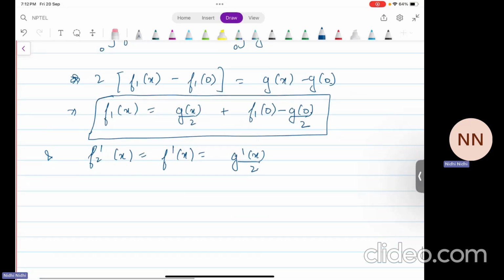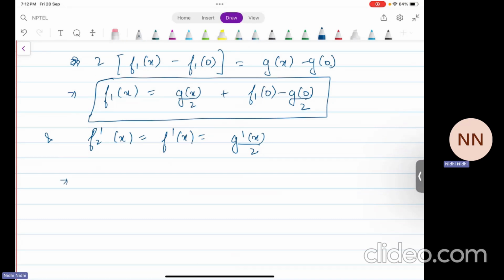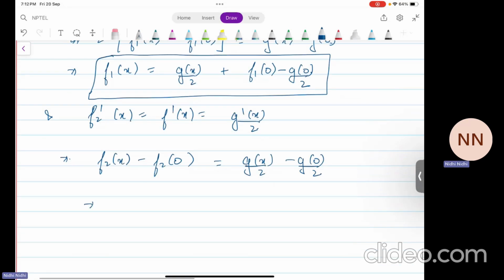Now again integrating from 0 to x, we will get f2 x minus f2 at 0 is equal to g x by 2 minus g at 0 by 2. So this gives us f2 x is equal to g x by 2 plus f2 at 0 minus g 0 by 2.